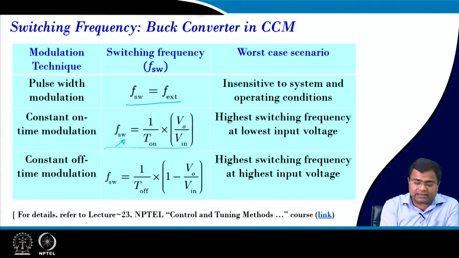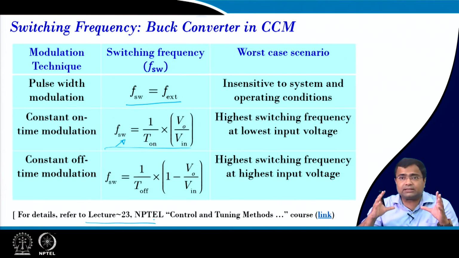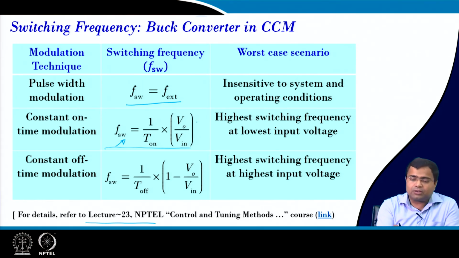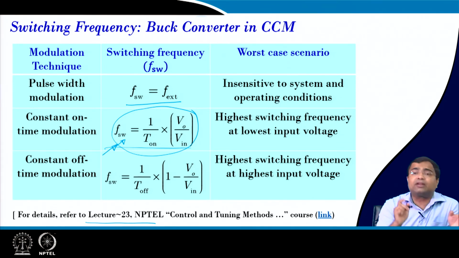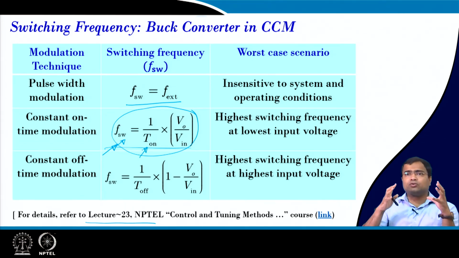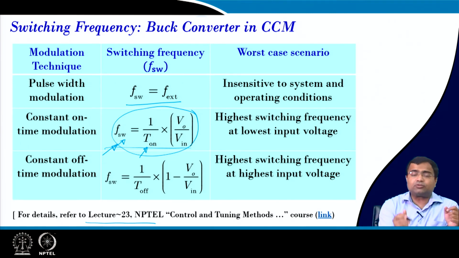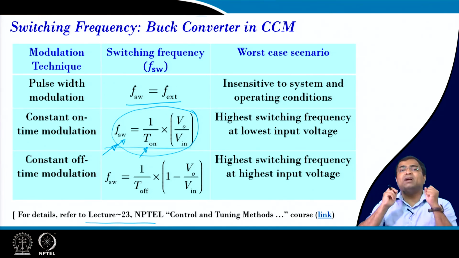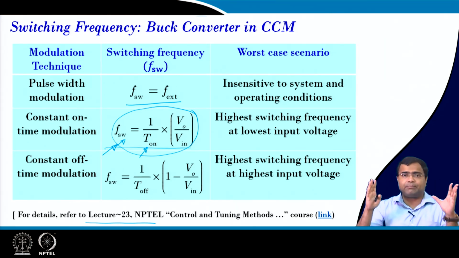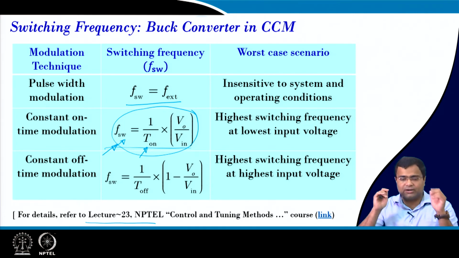And in lecture number 23 we have discussed these drawbacks of variable frequency control because of the switching frequency variation. In general, if you want to regulate the switching frequency in analog control, we need a separate frequency loop. That means you adjust the on time slowly in order to regulate the switching frequency, but this on time variation has to be very slow compared to the feedback loop bandwidth, much lower than the control bandwidth.